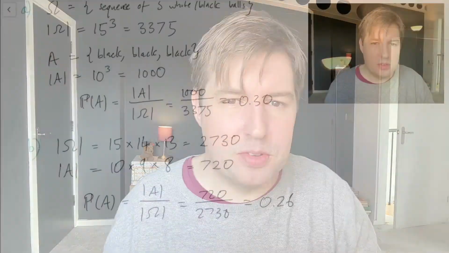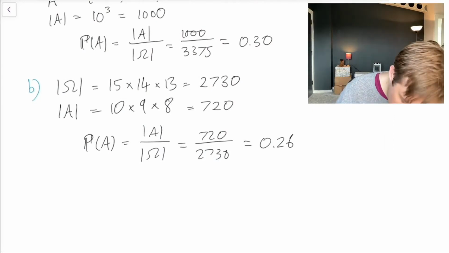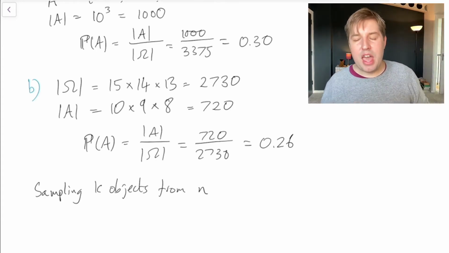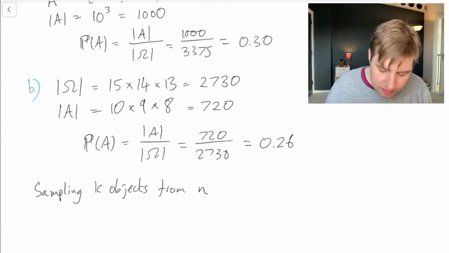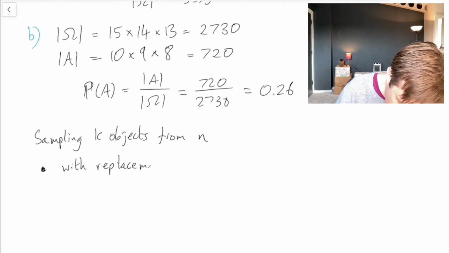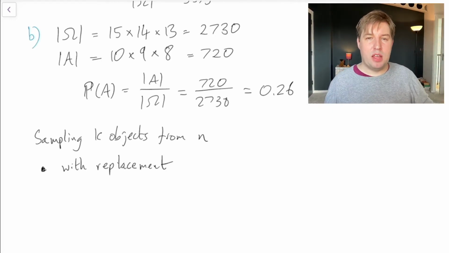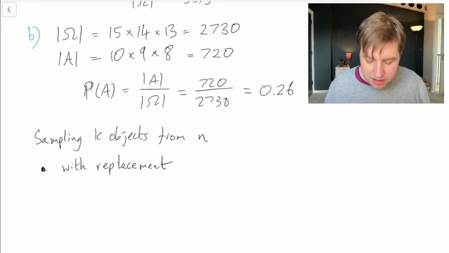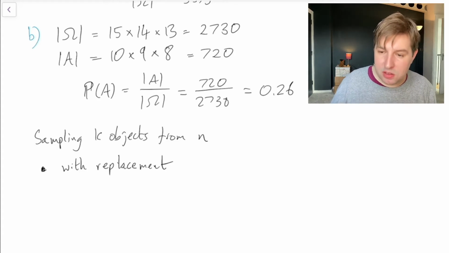So what are the general rules that we saw examples of there? We saw that when sampling k objects from n, so you've got n total objects and you want to pick k of them, then if you do that with replacement, that is, you pick one of the n objects and put it back, and pick one of the n objects and put it back, and do that k times, then you have n choices each time.